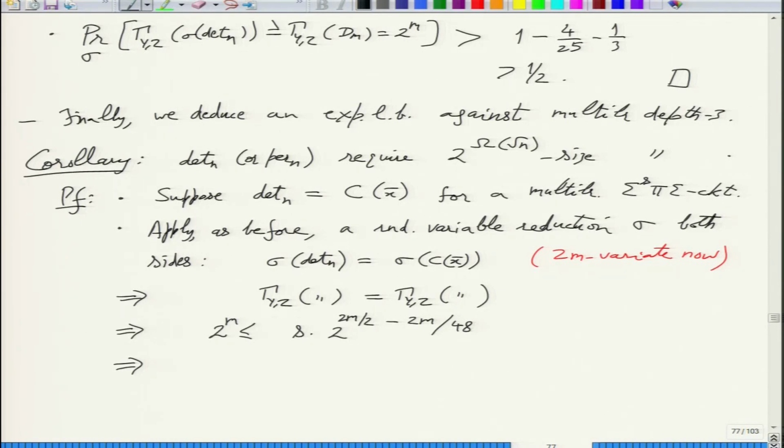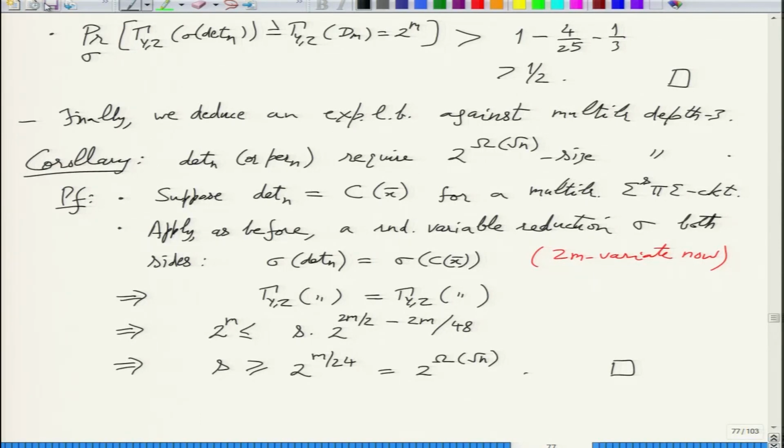The 2 raised to m cancels both sides, so whatever is the minus part, that is the lower bound on s. This gives you s greater than or equal to 2 raised to m by 24, which is just 2 raised to omega root n. Is that clear?